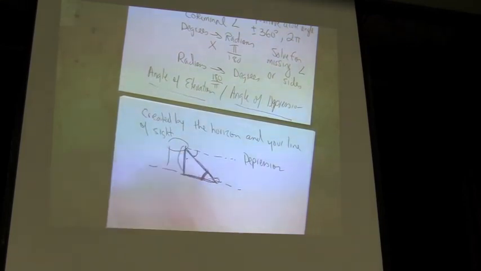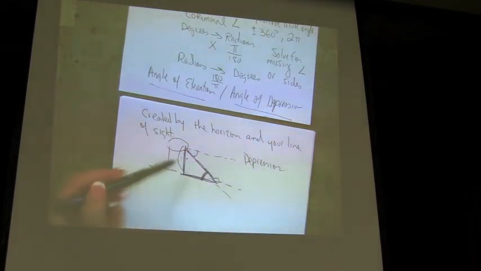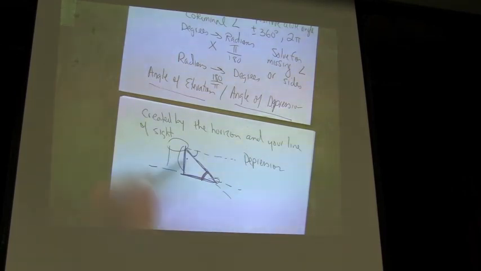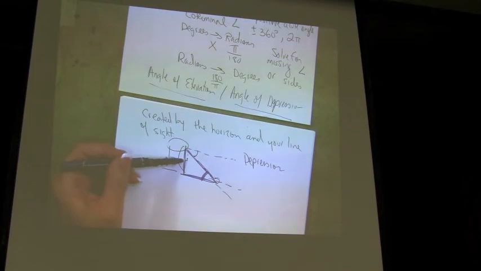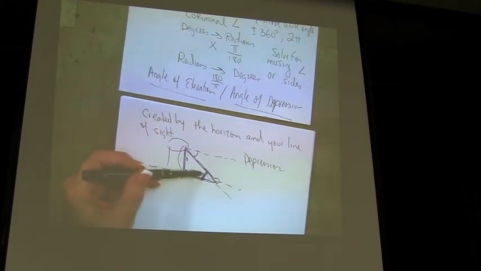And then you're going to use a fact from geometry that you have 2 parallel lines cut by a transversal, making alternate interior angles congruent. But you never have an angle here. When they talk about an angle of elevation or depression, it is never this angle. It always ends up being the angle down here.